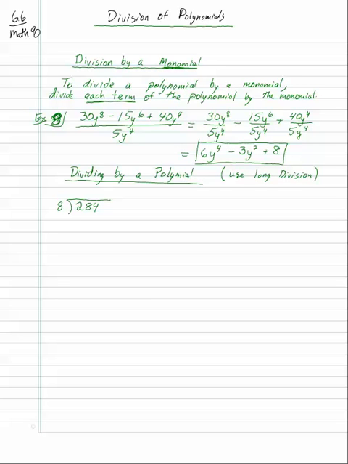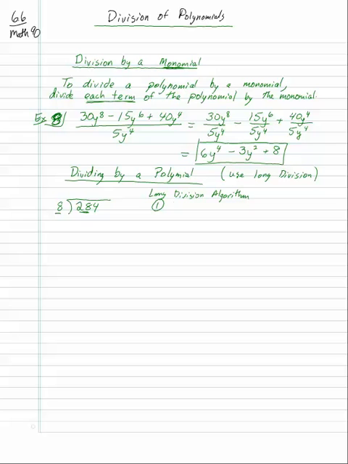Okay, so just to review long division, let's look at 284 divided by 8. So let's pretend I don't know anything about long division. So this is our algorithm for long division. Your first step is you're going to say 8 goes into 28 how many times?